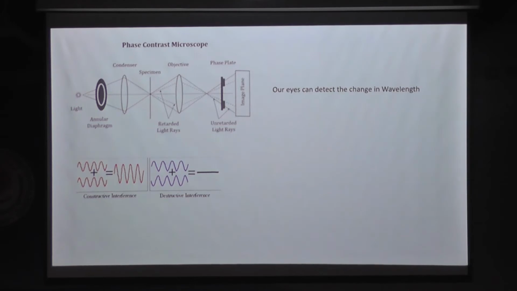Earlier, in polarization, there were multiple waves, but they were all propagating in one particular plane. Here they can be unpolarized, in multiple planes, but they have to have one single phase of light. The phase or the wavelength has to be the same. So it sends only one particular kind of wavelength into the specimen.